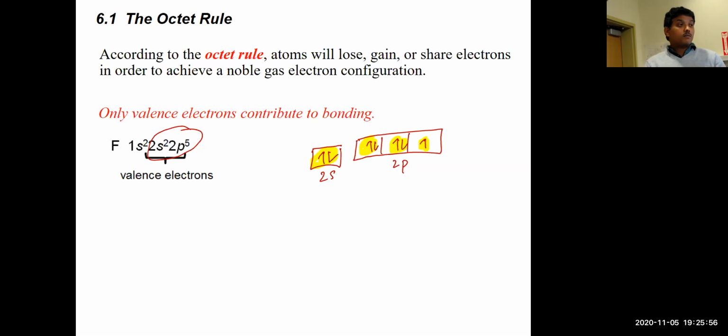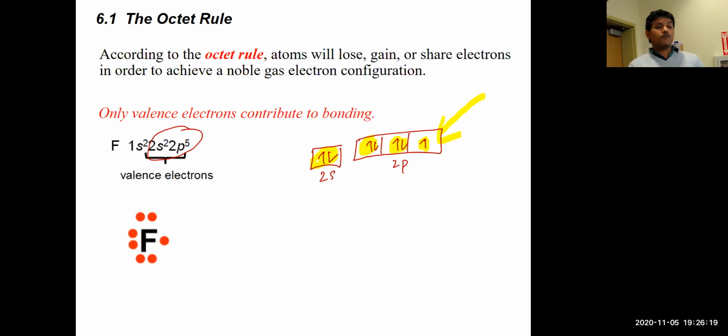Why a lone pair is important is that a lone pair tells us that there is no more room in that particular orbital. What is the significance of the single dot? It tells us that there is room for 1 more electron. And how it is going to accommodate that is by sharing this single electron with another atom's single electron and making a bond. Okay.